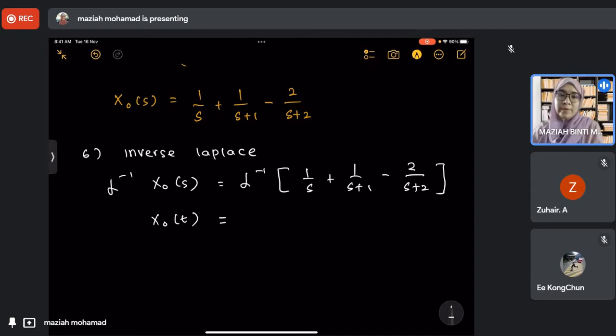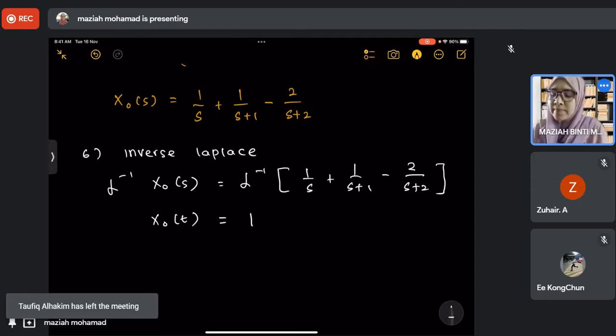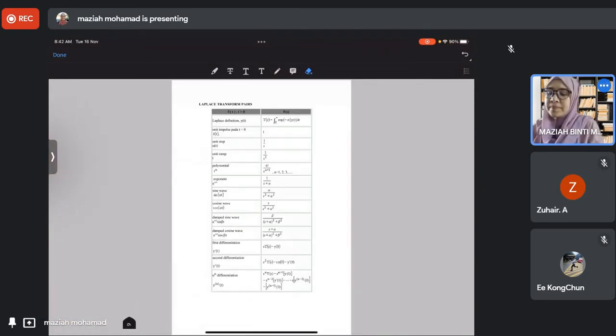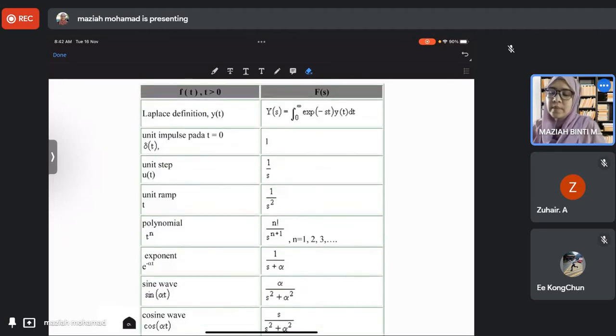If we inverse, it will become 1. This can be seen in the table. So in Laplace form, it is 1 over s, and if we inverse back, 1 over s will become 1.